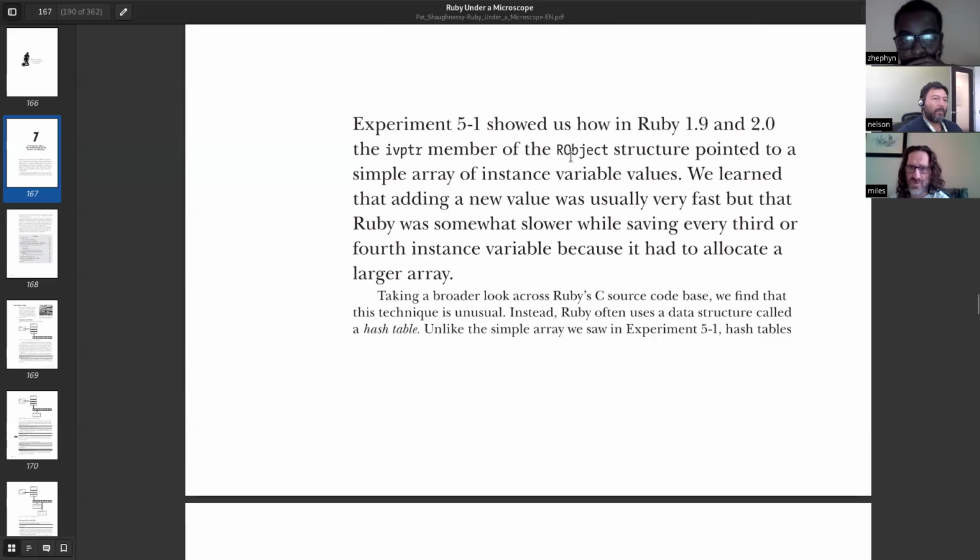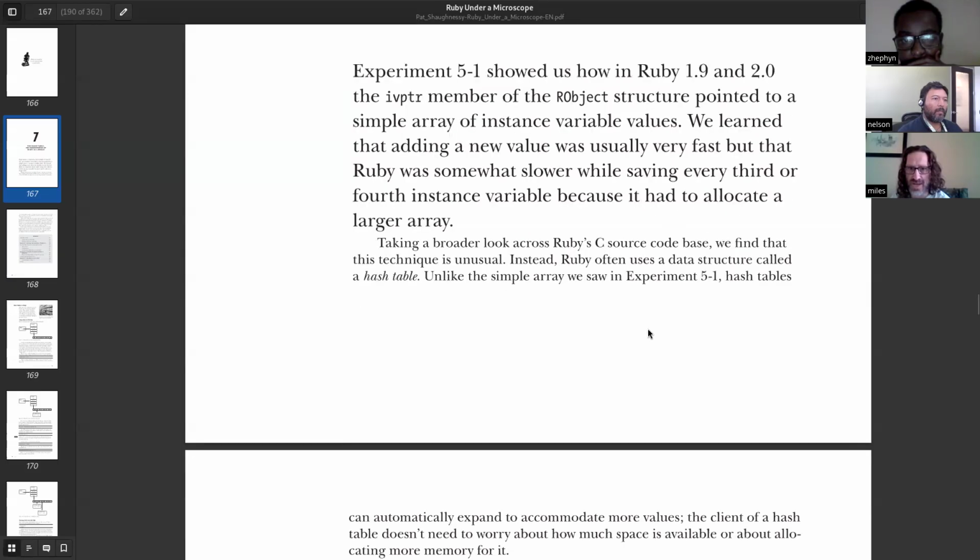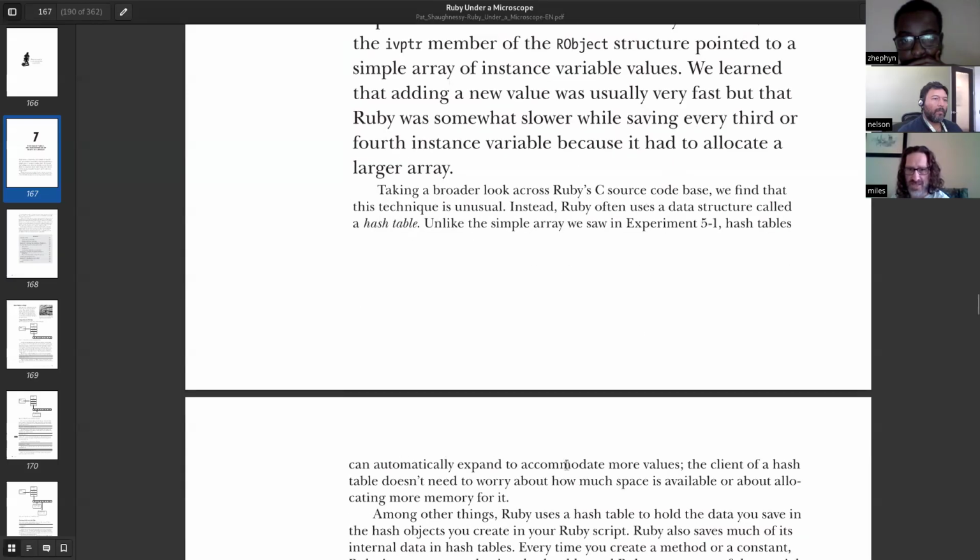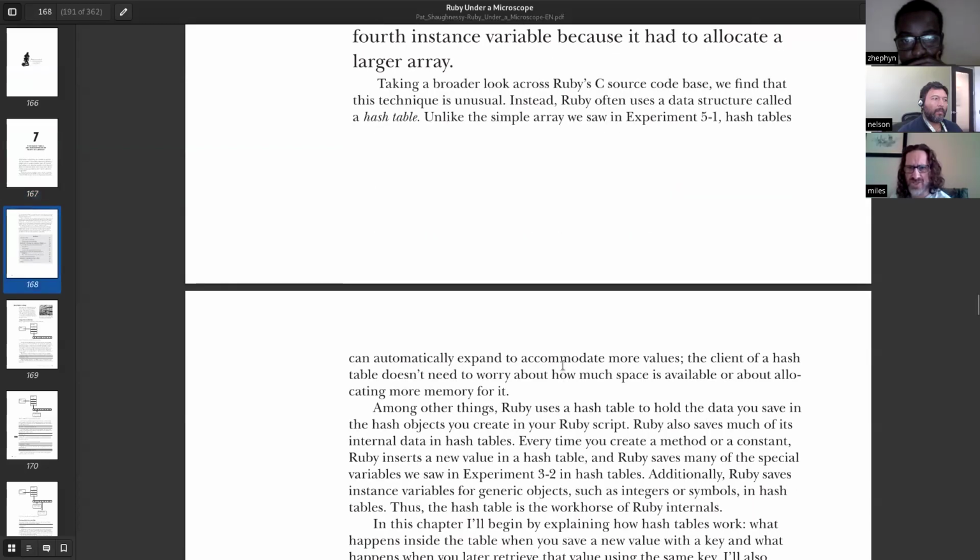For example, he opens up here and mentions, unlike the simple array, hash tables can automatically expand to accommodate more values. I assume he's talking about how in most hash table implementations that is actually true, but it doesn't have to be true. That came up occasionally throughout the chapter, where he was talking very specifically of a particular hash table implementation.